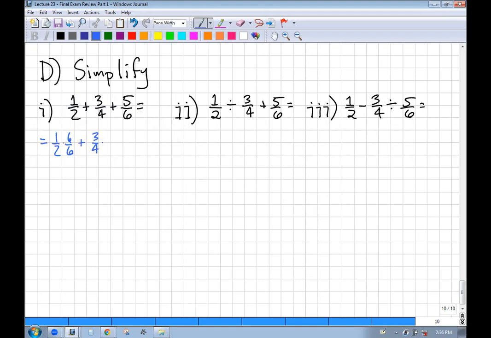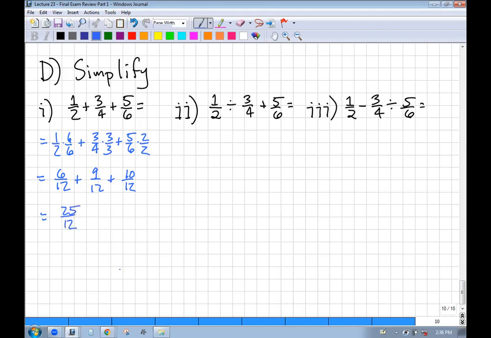To turn the 4 into a 12, multiply it by 3. And turn the 6 into a 12, and multiply it by 2. So here I have 6 twelfths, 9 twelfths, and 10 twelfths. 6 and 9 is 15, plus 10 is 25 twelfths.